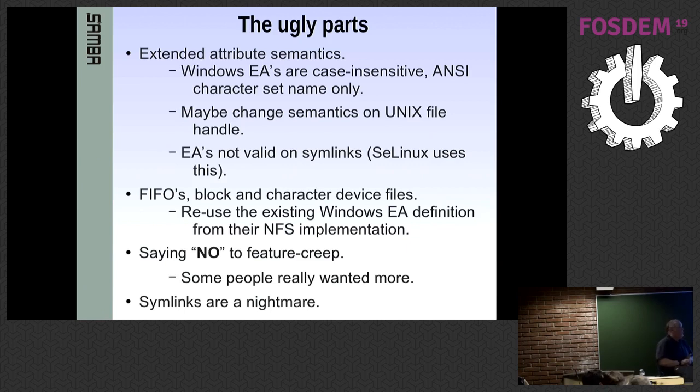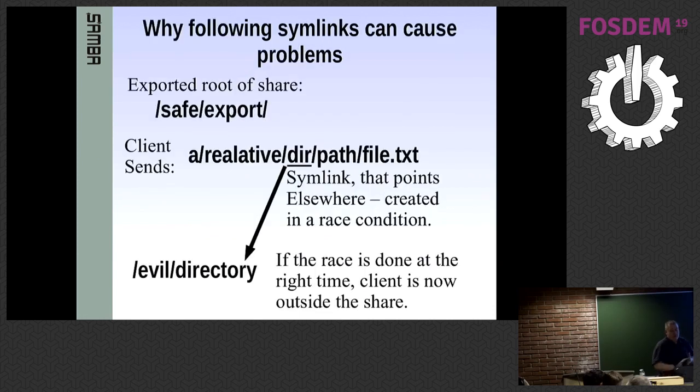And so the hardest thing I had to do was basically to say no to the feature creep that people kept wanting to put in this thing. So some people really wanted to add some crap into this protocol. So why is following symlinks on the server a bad idea? There you've got an isolated root, //export, and then the client sends a relative path name.